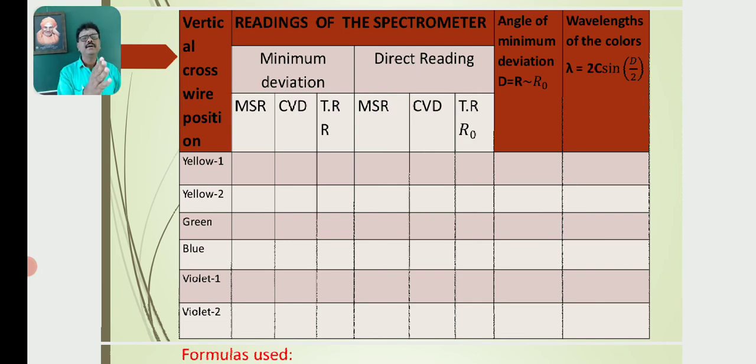Then note it down in the tabular column: the wavelength for yellow 1, yellow 2, green, blue, and then violet 1, violet 2. So like this, we can determine the wavelength of different colors by using a plane diffraction grating and a spectrometer.